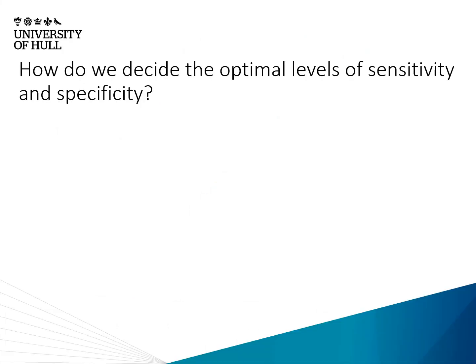So how do we actually decide the optimal levels of sensitivity and specificity? Well, as you saw there, a 45-degree line is one way of doing it. You can also calculate them using something called the Youden index, and the Youden index, or J, is specificity plus sensitivity minus 1.